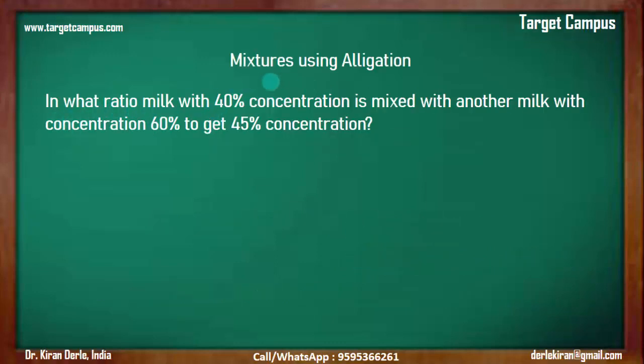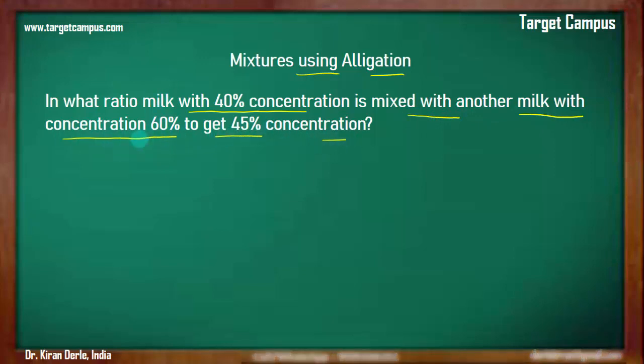In what ratio is milk with 40% concentration mixed with another milk with concentration 60% to get 45% concentration? We have two types of milk, the first with 40% concentration and the other with 60%.